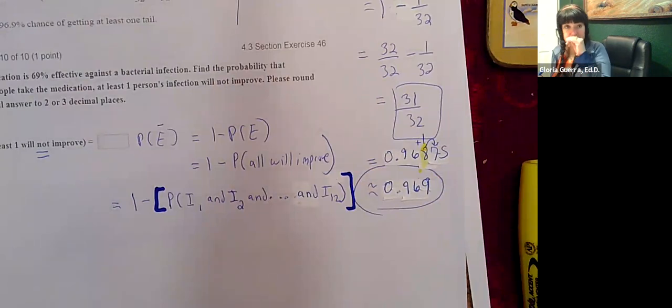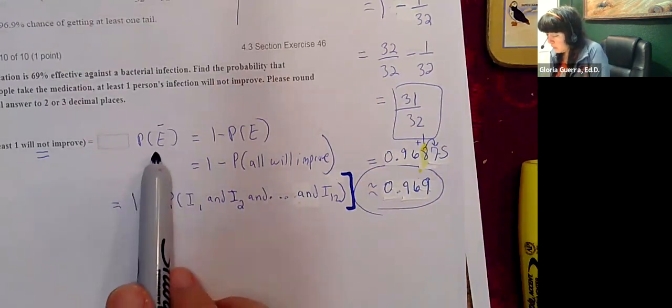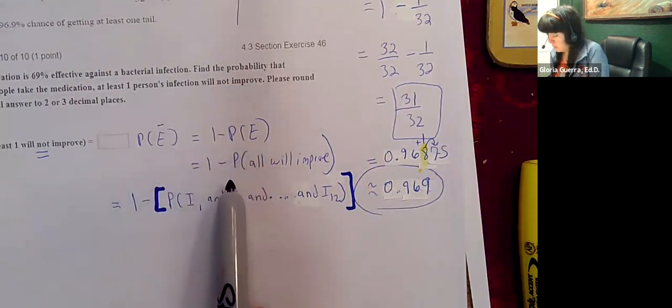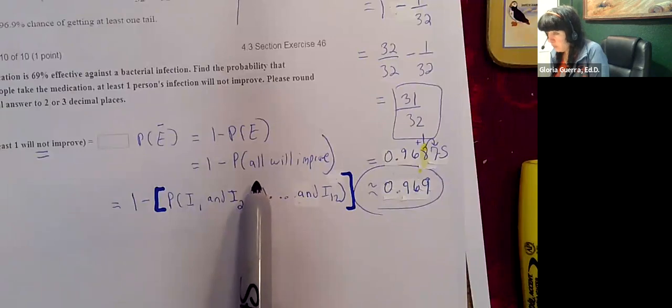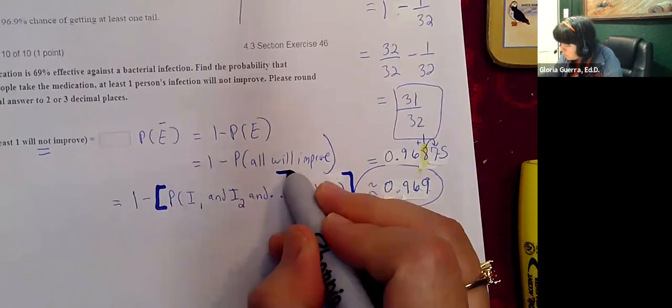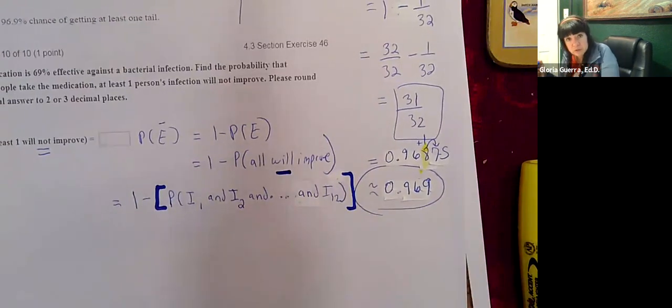Okay, so let's go back to what we did. So here's the not, and then 1 minus probability of E. It's just 1 minus probability of all will improve. This is not improve, and this is will improve. And then I'm using multiplication rule number 1.